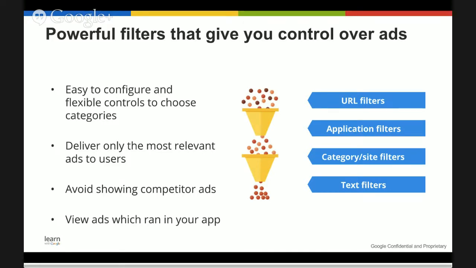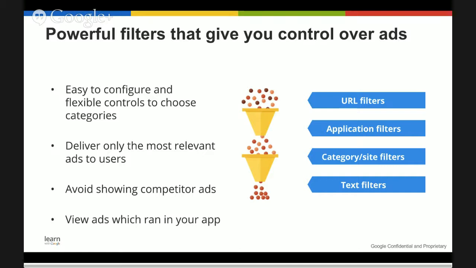Exactly as it is in AdSense, you have 100% power on your ad inventory, so it's really easy to configure and set controls and filters within your AdMob account. You can choose which category of advertising you want to see on your app, and make sure that you are showing the most relevant ads to the users, and that you are not cannibalizing your direct sales by showing competitor ads.